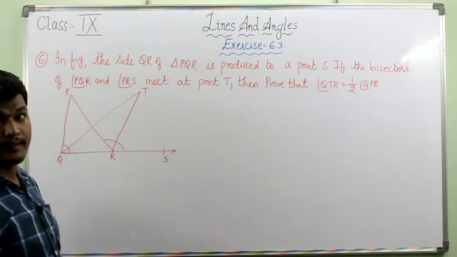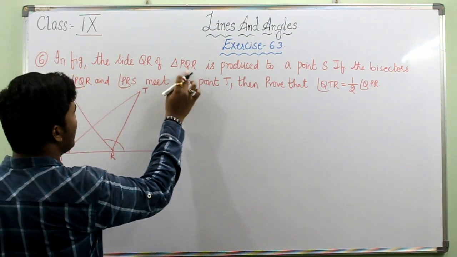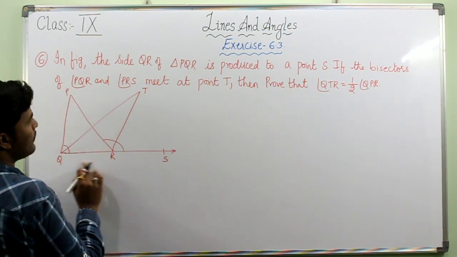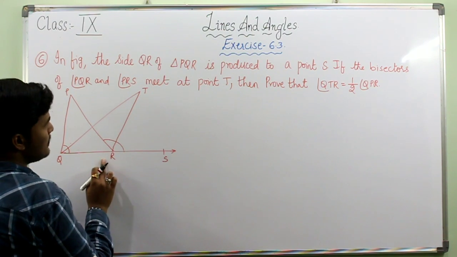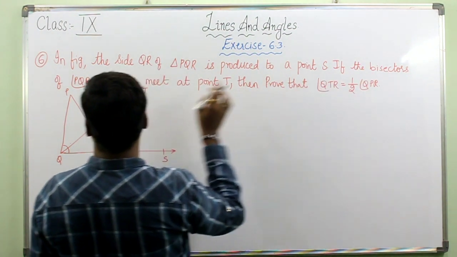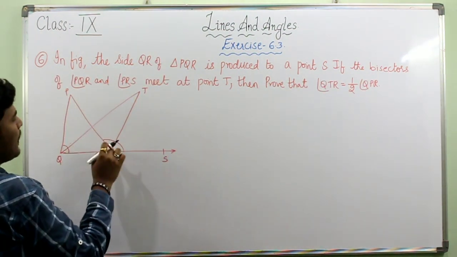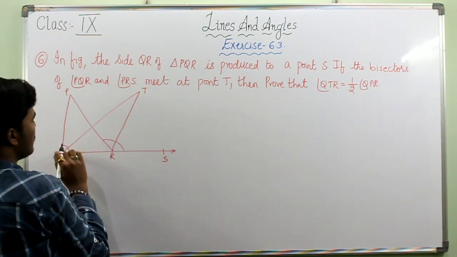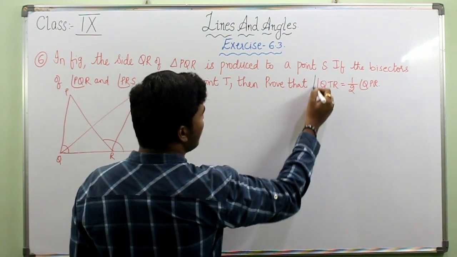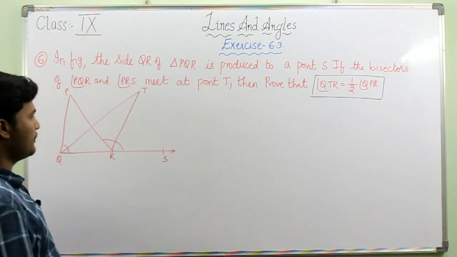Sixth problem of this exercise. In the figure, the side QR of a triangle PQR. So this is the triangle PQR. Side QR of triangle PQR is produced to the point S. If the bisectors of angle PQR and angle PRS meet at the point T, we have to prove that angle QTR is equal to half of angle QPR.